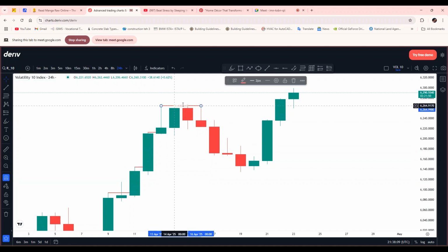Now, we're seeing here that as this candle broke structure, the highest point of this candle was not taken out. Instead, the market swept it.